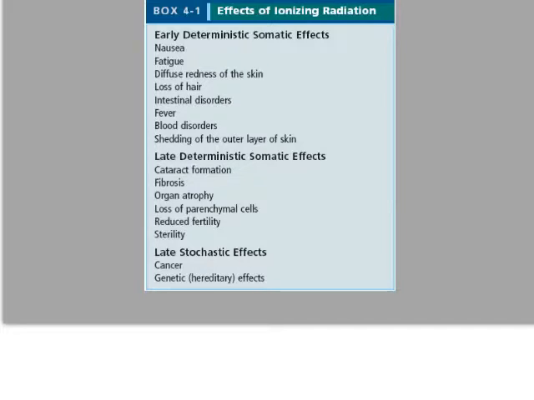I'm not trying to split hairs, but you'll notice all stochastic effects are late in nature. The soonest one that can manifest would be leukemia, and it happens 2 years after exposure. So stochastic effects require a good amount of time before they manifest.